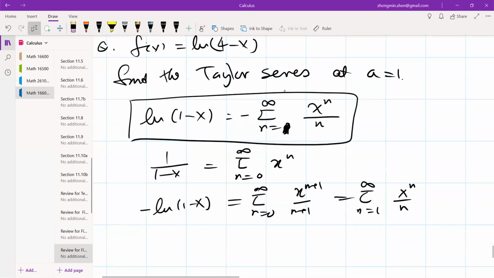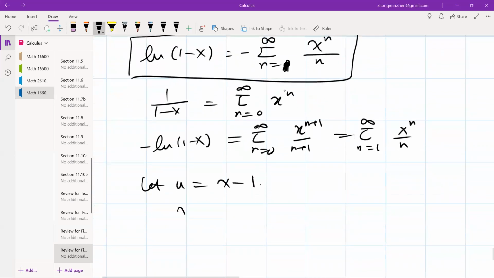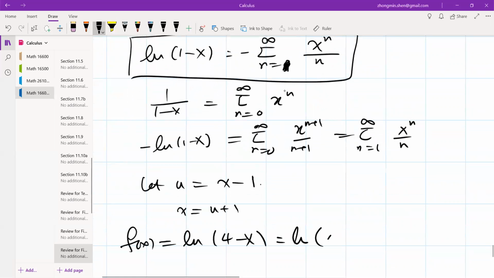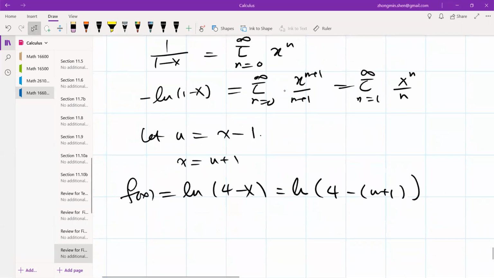All right. So now you let u be x minus 1. So x is going to be u plus 1. This function is going to be written as 4 minus (u plus 1). All right. So you can simplify. It's going to be 3 minus u. It's not 1 minus u, right? So I have to take 3 out.